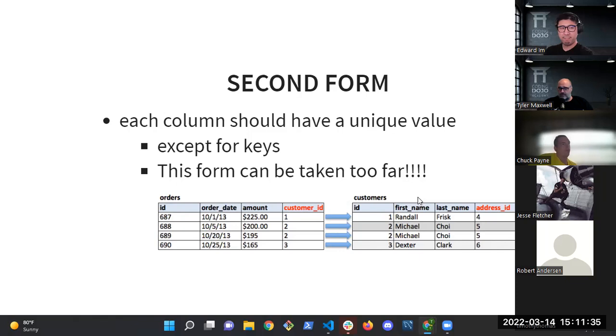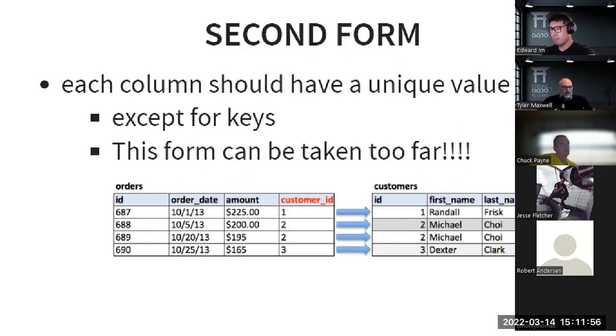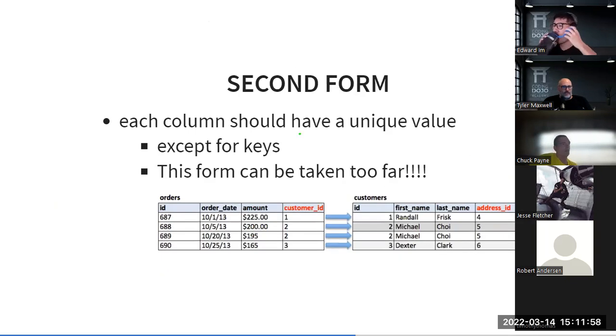Any questions about the second form? All right. What do you mean by keys? Yes, cool. Good question. Keys are foreign keys and primary keys. If we want to establish a relationship between two entities, it's okay to have duplicate foreign keys on a table.